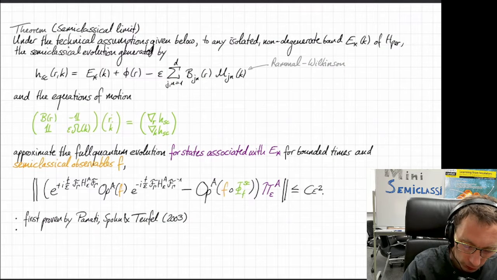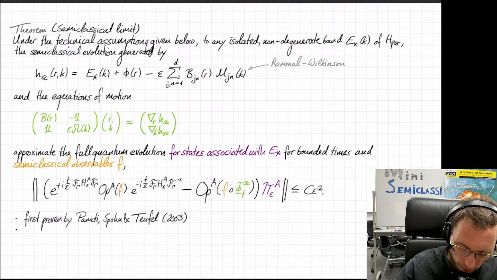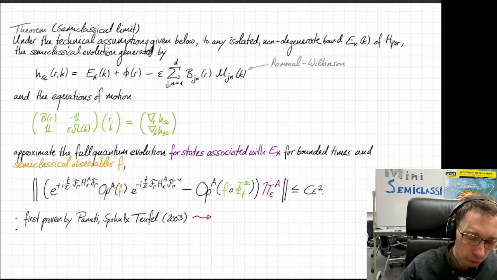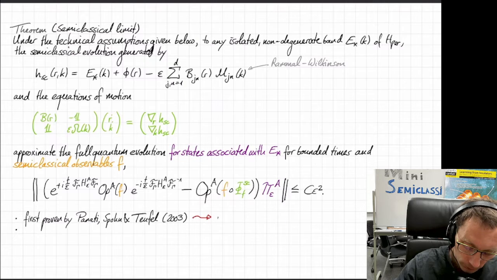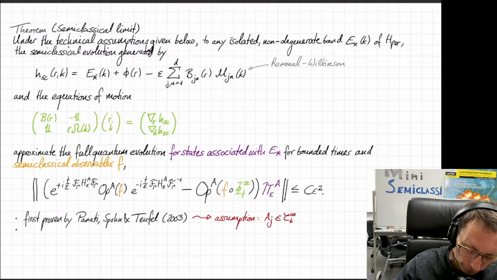And just to give you an idea of why there were follow-up works, one of the assumptions that they had to make, since this was before magnetic Weyl calculus was fully developed, was that not the magnetic field has components C_b infinity, but the vector potential has to be smooth, bounded and have bounded derivatives.